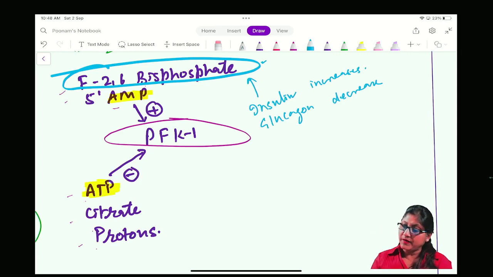So in the presence of hypoglycemia, glucagon will be secreted, and this glucagon will have an inhibitory impact on the ongoing glycolysis in the liver. And this is all mediated via fructose 2,6-bisphosphate level. So insulin increases the level, and glucagon decreases the level of fructose 2,6-bisphosphate. I'm not going into detail of the alteration of fructose 2,6-bisphosphate level in the presence of insulin and glucagon.